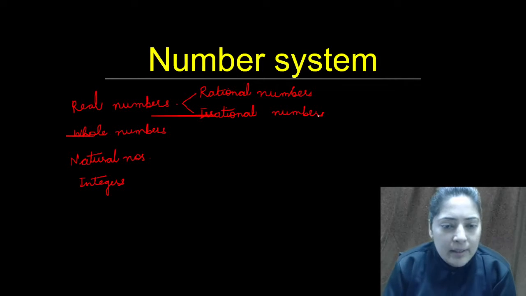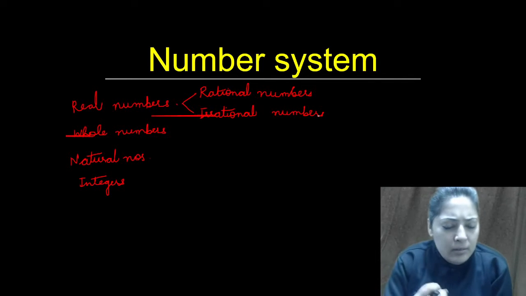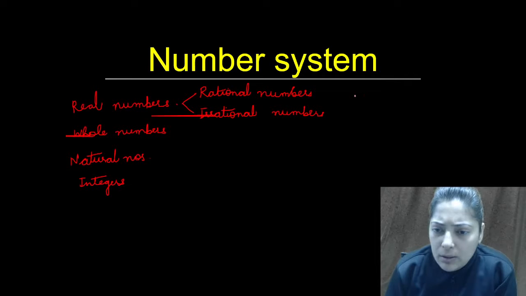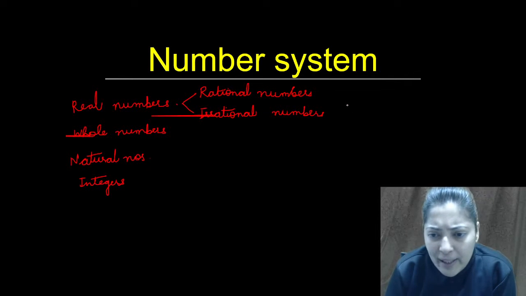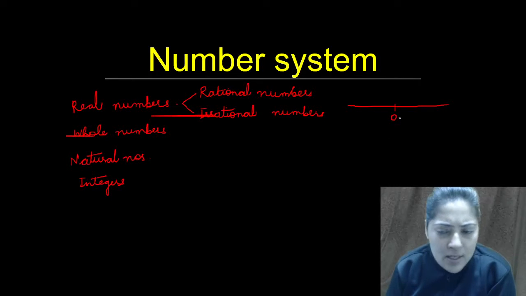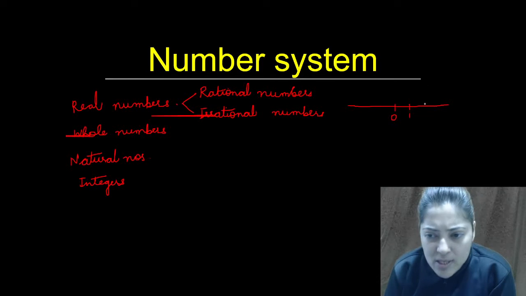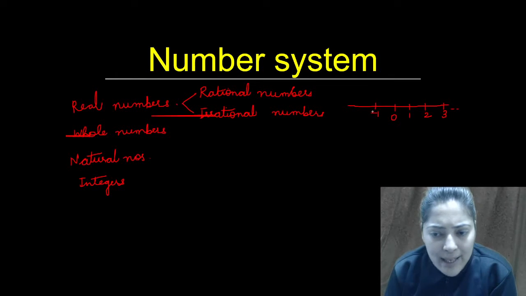See, real number, any number which is real, like the real number line, as you guys know, it is 0. On the right side of the 0, all the positive numbers are there, 1, 2, 3 up to infinity. On the left side, it is -1, -2 and so on up to minus infinity.